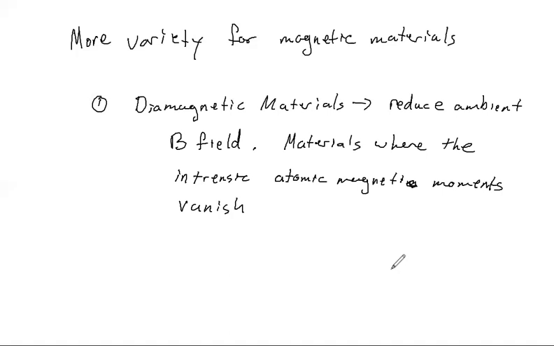And it turns out that for some materials, there is no intrinsic swirl or current, and therefore no intrinsic magnetic moment associated with the atom. And these materials all become diamagnetic materials.